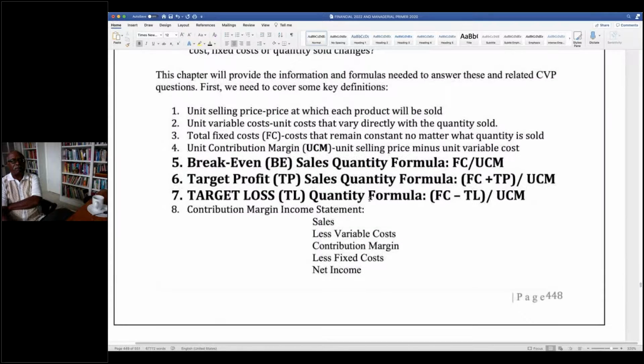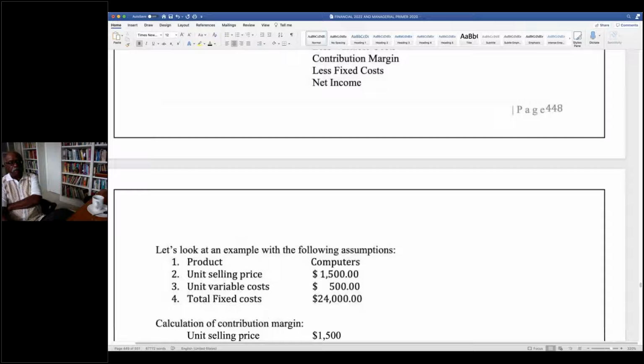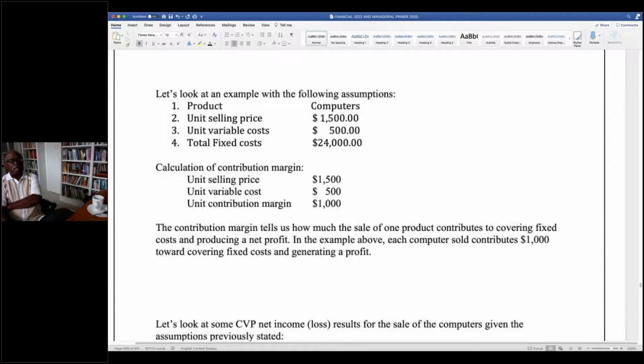Got it? I think so. So we'll go and we'll work them, but you got to memorize those formulas so you'll be able to move at a good pace. And then we're going to look at a problem where these computers are selling for $1,500.